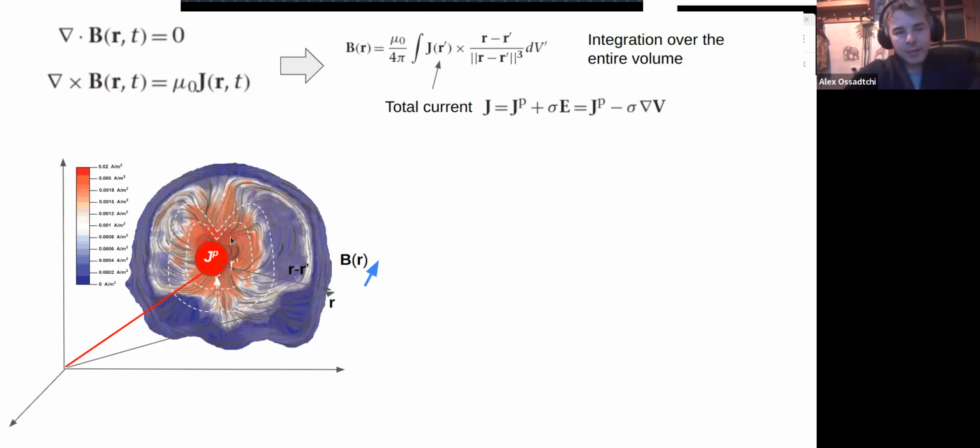So now, when we have our head volume, we take it and split it into this grid.